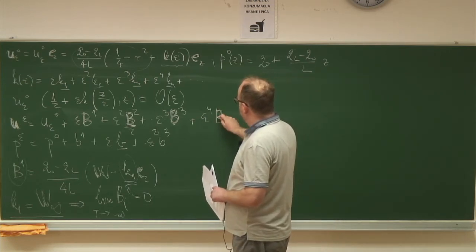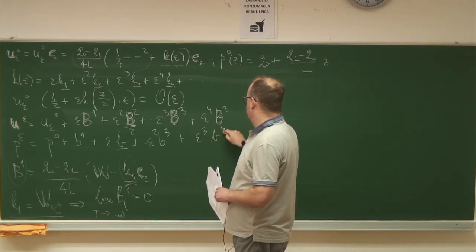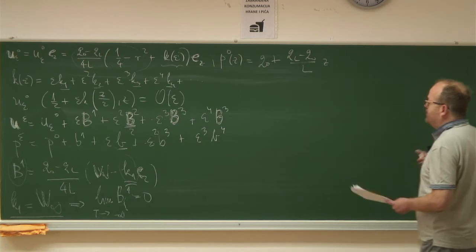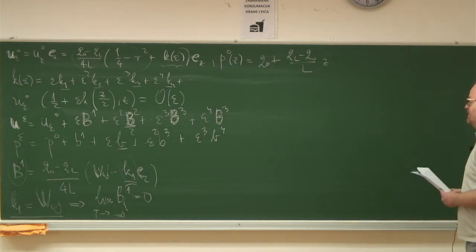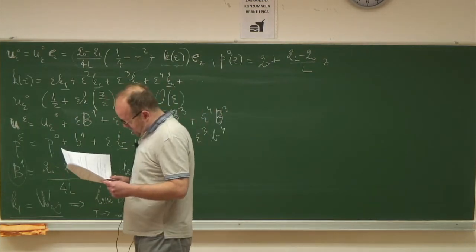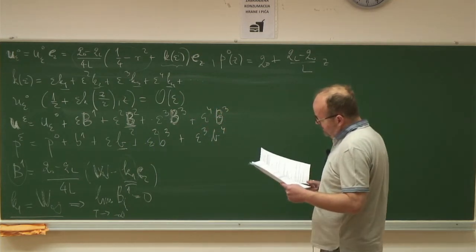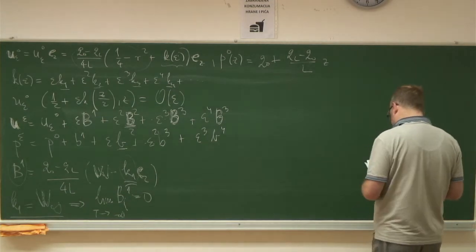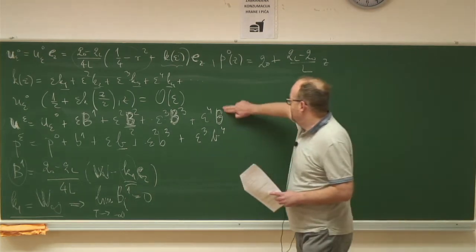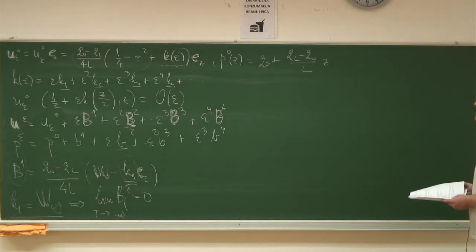Because we want to capture the inertia effects as well. So the Reynolds number in the inertia terms for the first time appears. No, they appear for B3, but in order to get more accurate approximation, we even consider the problem for the boundary layer corrector B4.